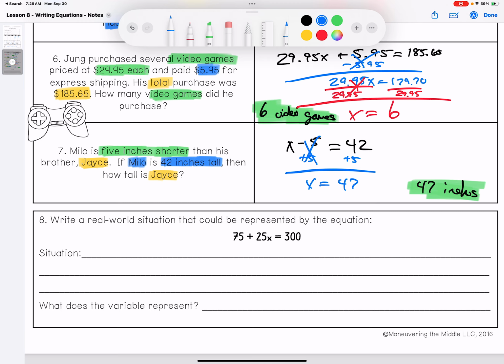And the last one of the day: write a real-world situation that could be represented by the equation 75 + 25x = 300. So here's an example that we could write. Coach Spartman, let's just call me Sparkles, has $75 in my bank.